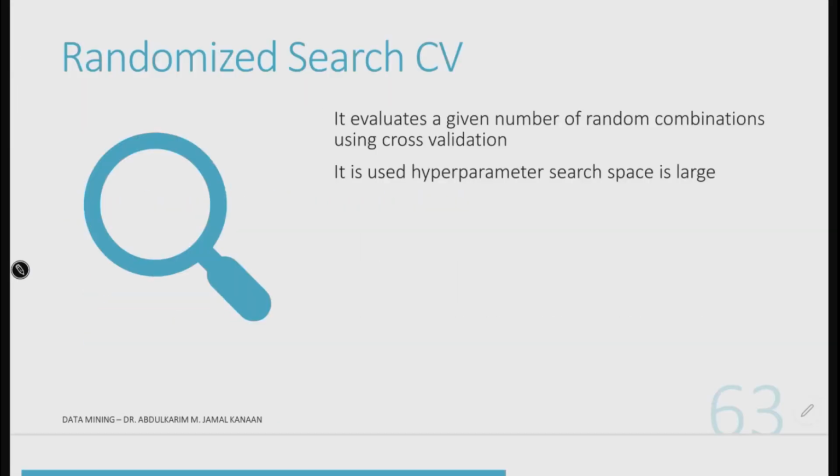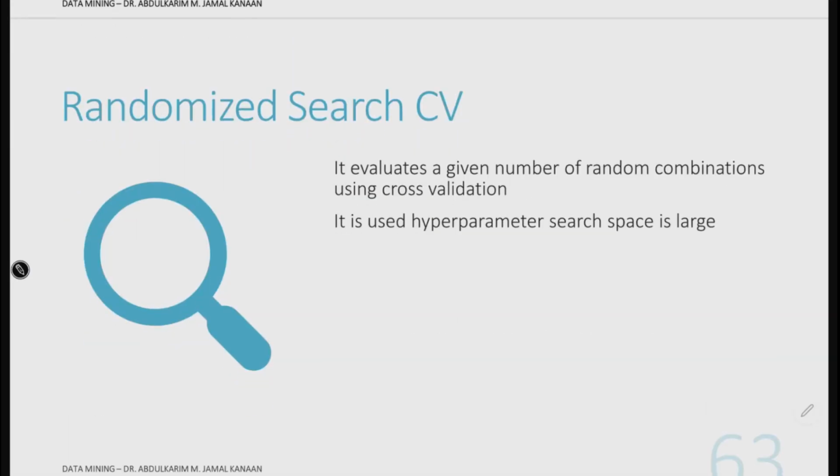Another class you can use is randomized search. Randomized search, unlike GridSearchCV, doesn't apply exhaustive searching to every combination you have.